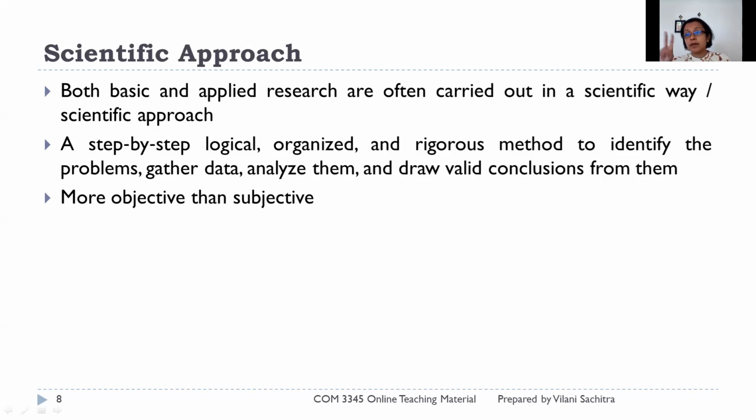Finally, we discussed the two basic types of research, applied and basic, and why research is called a scientific approach. I believe you are now familiar with what research is in an appropriate way. So that's the end of this lesson. Next we will discuss the scientific approach in a little more detail regarding research.